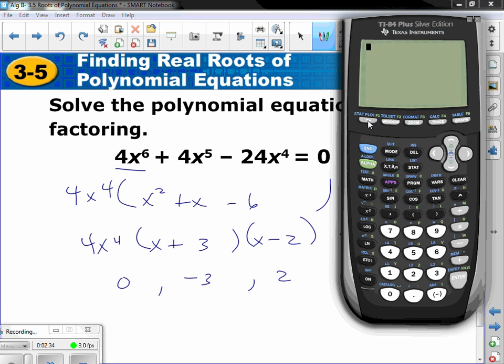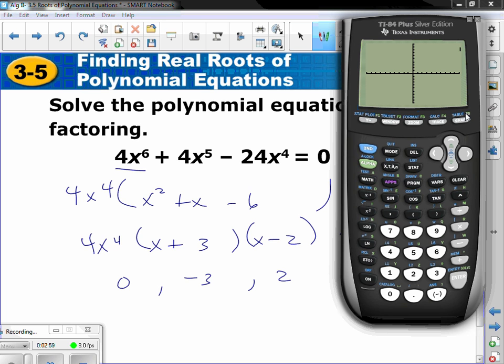If I look in the calculator, I type this in the y equals. All right, typed it in there. Now I can graph it.